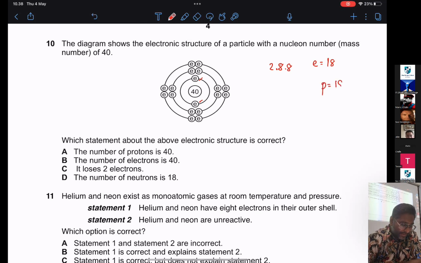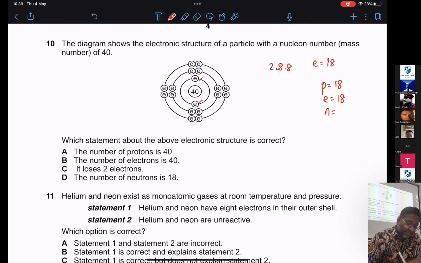Next, number 10. The diagram shows the electronic structure of a particle with nuclear number, which they already defined for you as mass, of 40. They are asking which statement about the electronic structure is correct. So let's write down first. First is 2, then 8 electrons, then another 8.